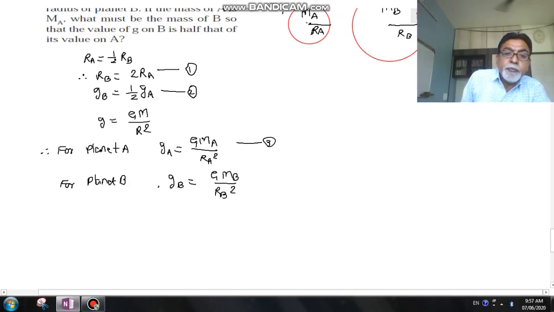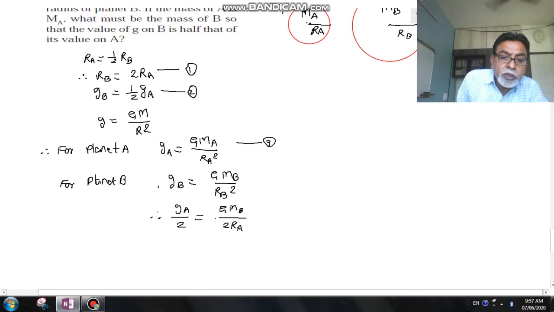Okay, we'll put for RB here, and so gB is equal to how much? gB is equal to g upon 2, is equal to, look at here, G MB upon what is the value of RB? The value of RB is equal to 2 RA bracket square.